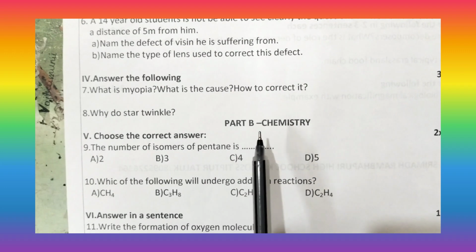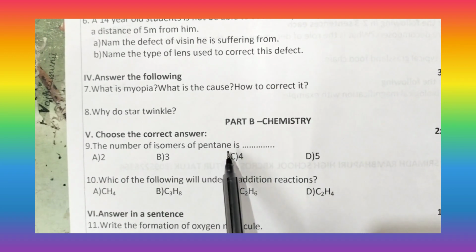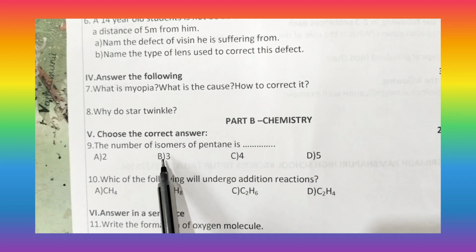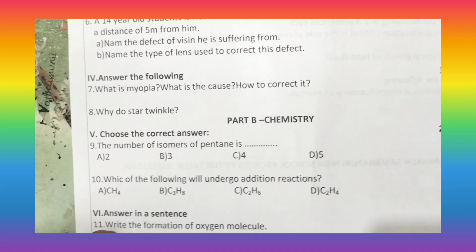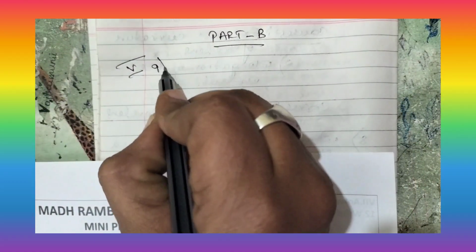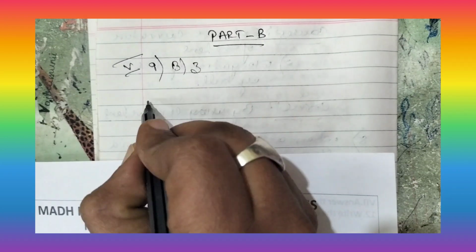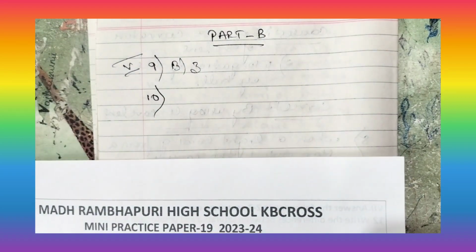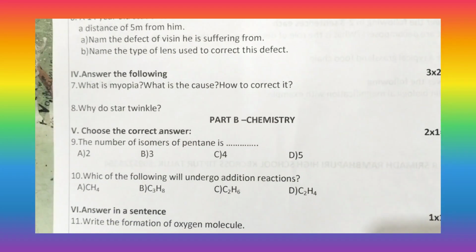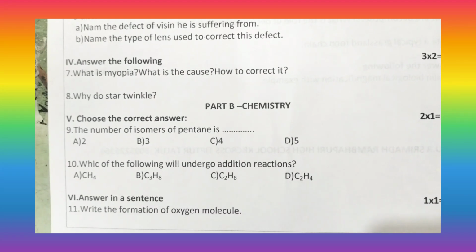The first question of Part B chemistry is, the number of isomers of pentane is 2, 3, 4, 5. So pentane has 3 isomers: normal pentane, isopentane, neopentane. So for the 9th question, the right answer is option B, 3. Now let us move to question number 10. Which of the following will undergo addition reaction?